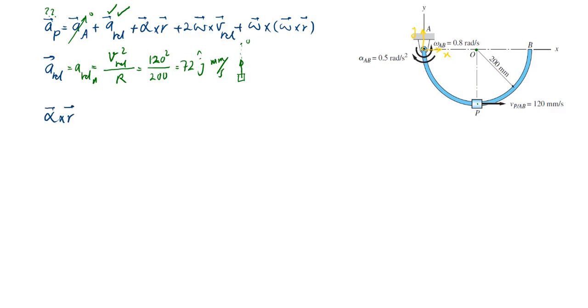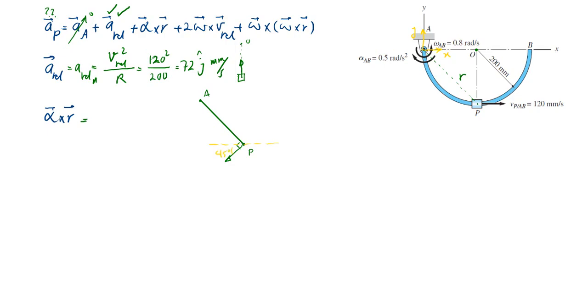Alpha cross R. Let's see what we know about this. This is the point. This is R, the distance of point P from the origin. And alpha is clockwise. So alpha cross R would be in this direction. Let me assume that this is the imaginary line from A to P. So alpha cross R would be perpendicular to R in this direction. And we need to know this angle, and this angle is 45 degrees.